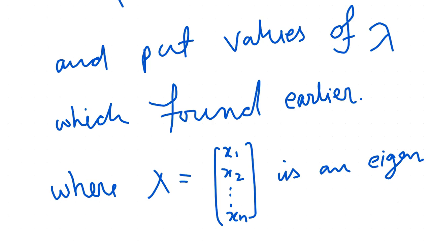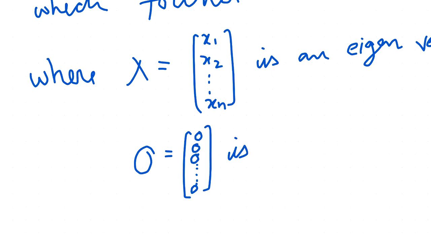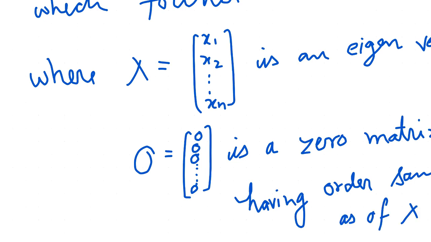The right side O is a zero matrix or null matrix, having all elements 0, 0, 0, and so on. It is a column matrix of the same order as x.